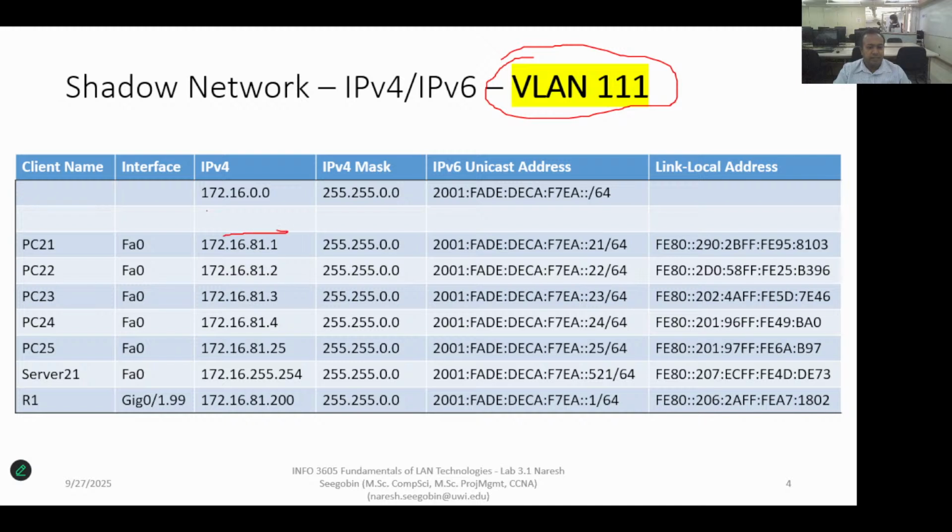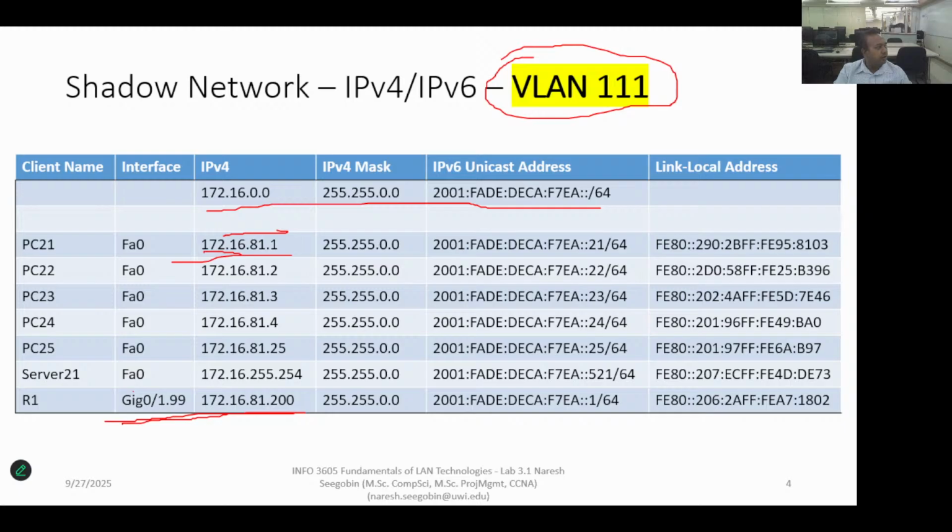Again, you have the network ID above and then your device IPs below. And you'll notice something here: the R1 interface is gig 0/1.99. So we'll see what's going on with that one.